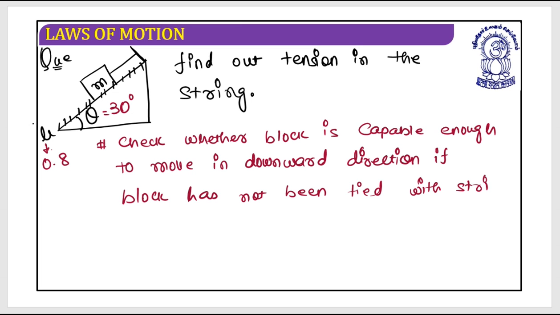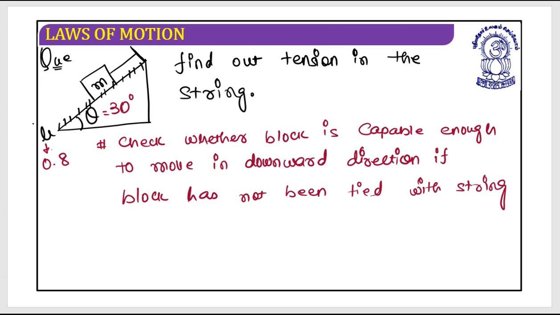So first what you need to consider is whether my block is able to move in the downward direction if no string has been applied. Can it go in the downward direction? Is it possible? So how could I check it?